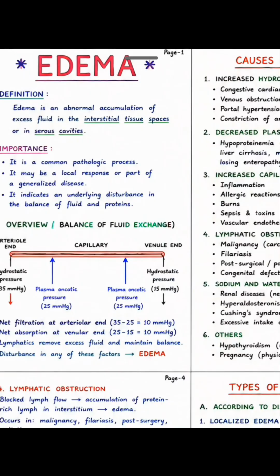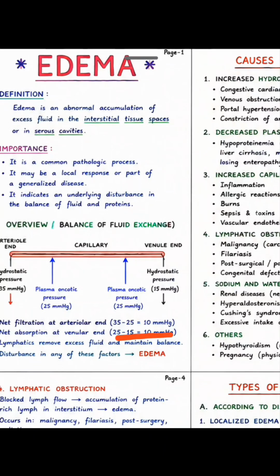So this 10 mmHg pressure pushes fluid out at the arteriolar end. Second is the venular end. At the venular end, hydrostatic pressure drops to 15 mmHg, but oncotic pressure remains at 25 mmHg. The net result at the venular end is 25 minus 15, that is 10 mmHg, pulling fluid back in.